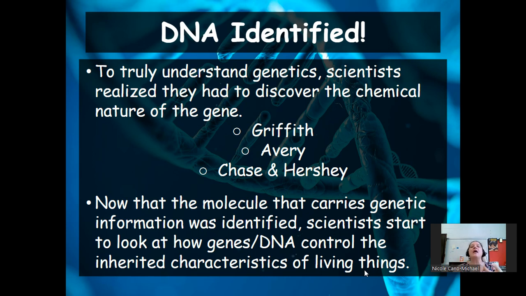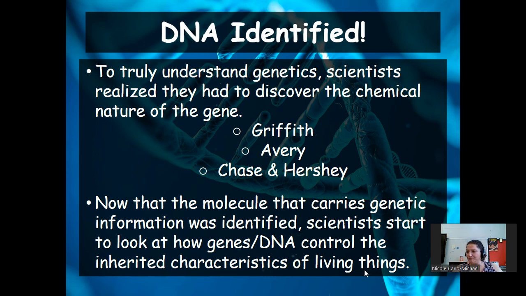It was very sad. And then we had the definitive work of the team of Hershey and Chase. They did the bacteriophage blender experiments, and they proved definitively that DNA had to be the source of genetic material. So those are our big 3 experiments that we've been looking at this week.